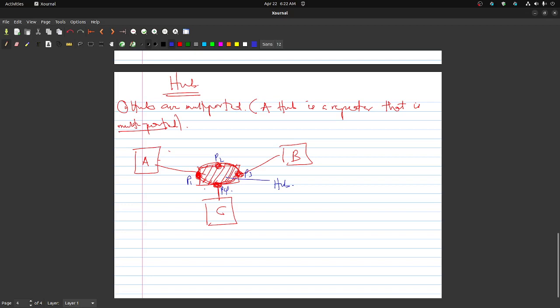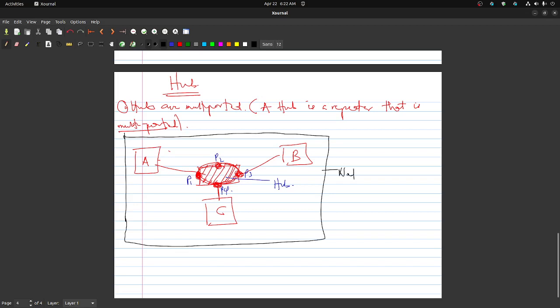So a hub is a repeater that is multi-ported. In this network, all these computers are connected. Remember what a network is: a bunch of computers connected.